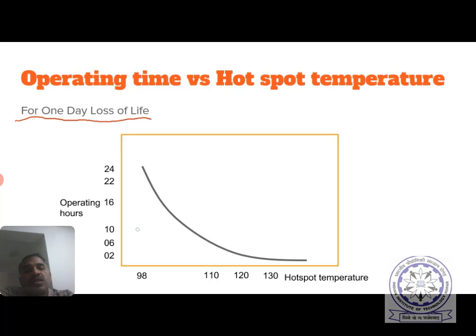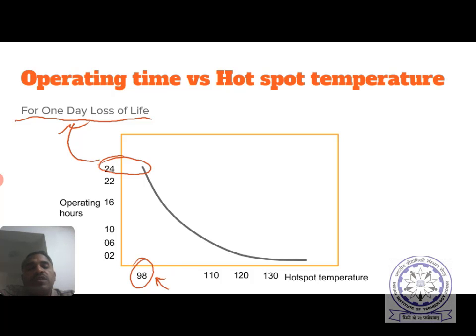For example, at 98 degrees centigrade, 24 hours is the duration for which we have to run the transformer in order to have 1 day loss of life. Means 98 degrees centigrade hot spot temperature corresponds to 1 day loss for 1 day operation. Means the actual time of operation is equal to its loss of life. That is at 98 degrees centigrade.